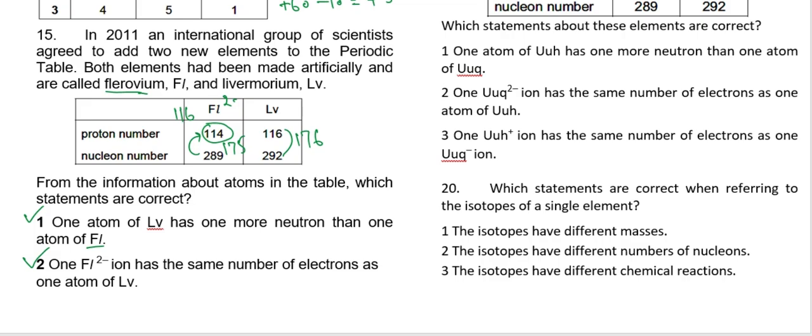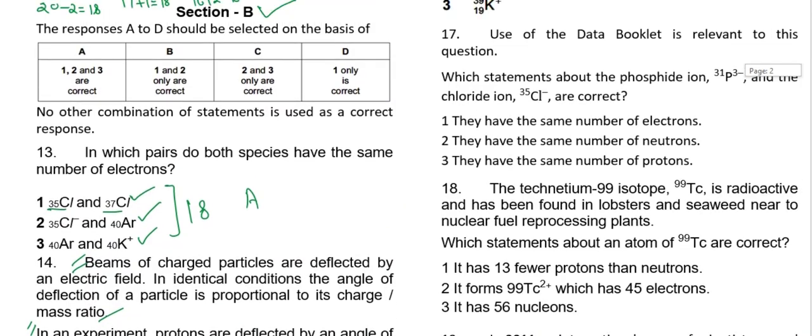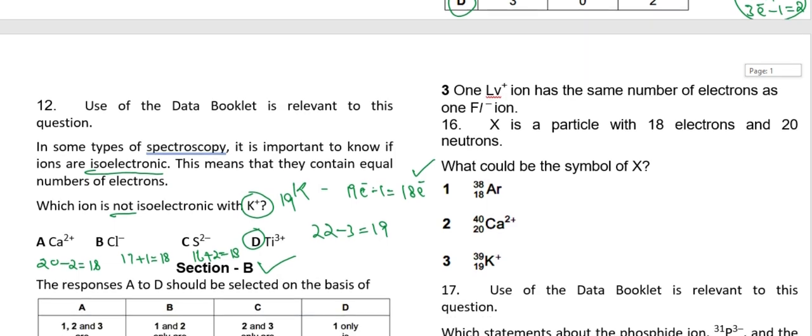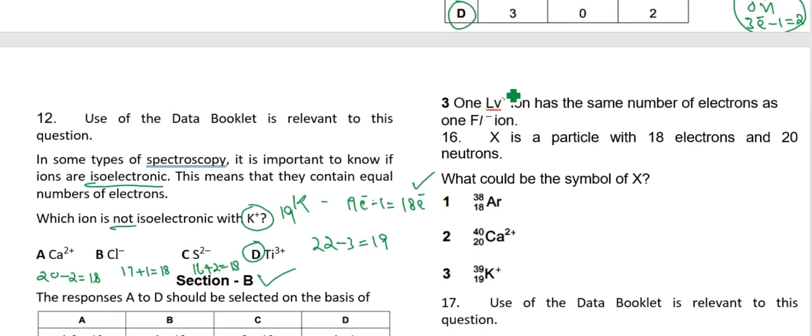Now the third suggestion: Lv positive had 116 earlier, with one loss of electron it becomes 115. Same number of electrons as Fl 1 negative: Fl has 114 protons, meaning 114 electrons, and 1 negative means one electron gained, so it is 115. Both are the same, so suggestion 3 is also correct.